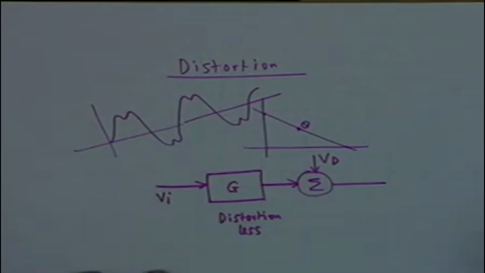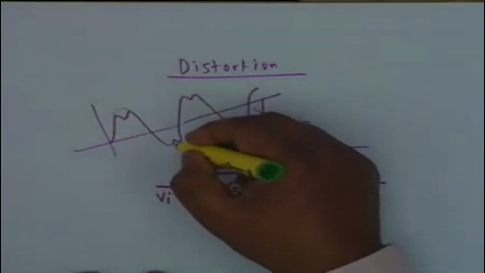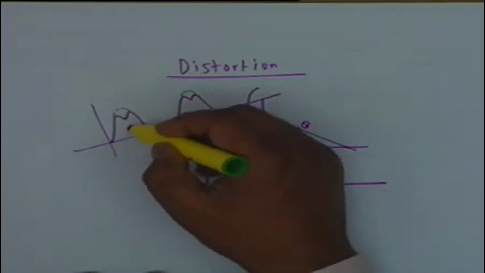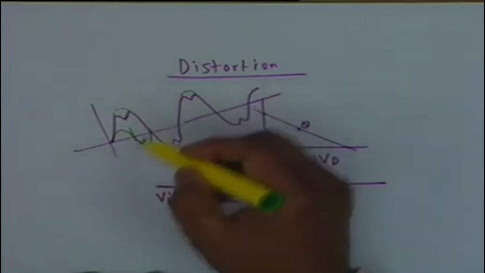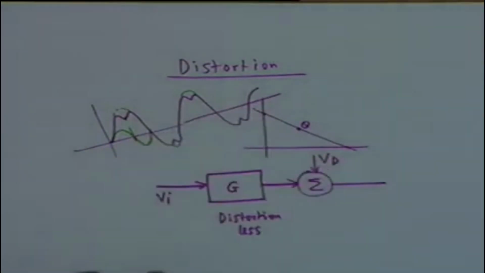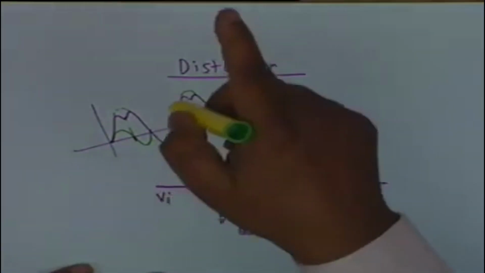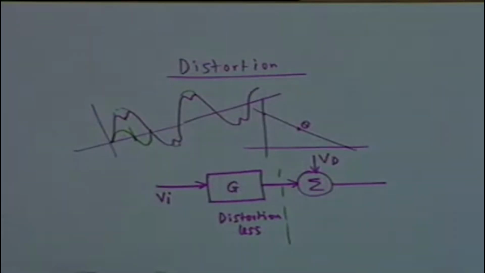You see, the fundamental is like this. What will happen to the second harmonic? Second harmonic will go through 0 somewhere here, and that's why there is a dip here. All right, this is due to second harmonic, and I can always write this distorted waveform as the fundamental waveform plus the distortion due to the second harmonic. So this is what I have done here. This part is the linear amplification, distortionless, and then I add distortion.